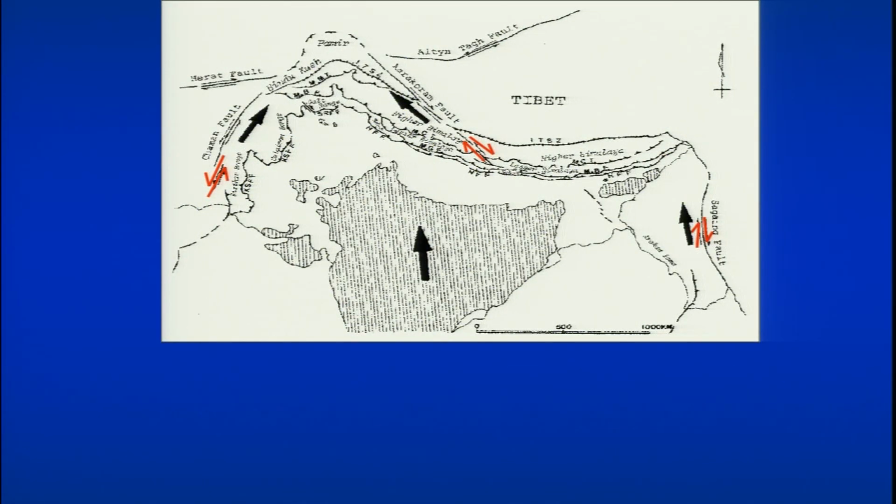So, from the regional tectonics or the global tectonics, we are coming down from the global to the regional one. Here we have to look at the distribution of faults and the type of faults that exist, because this will help us in identifying the pattern of earthquakes as well as the type of earthquakes.